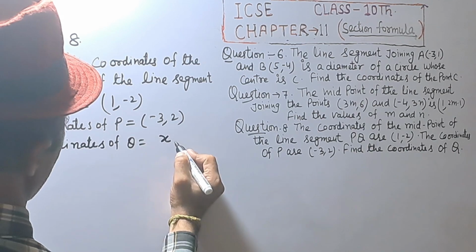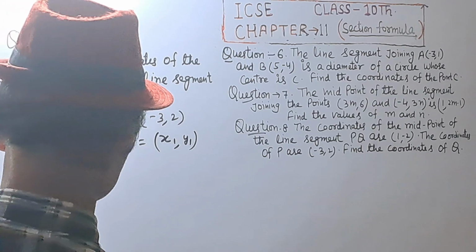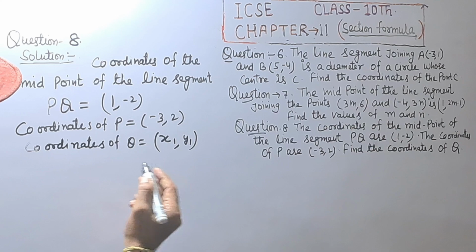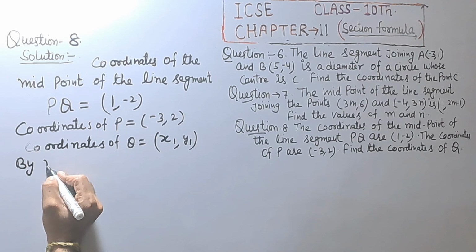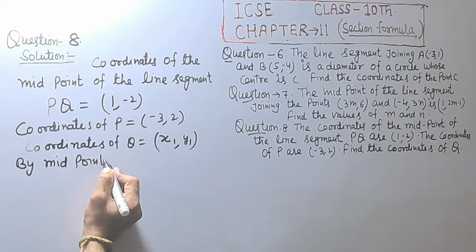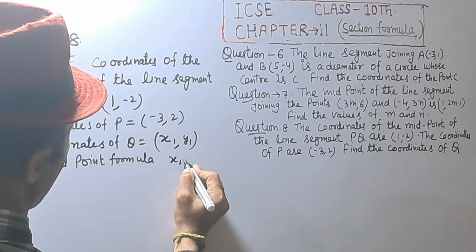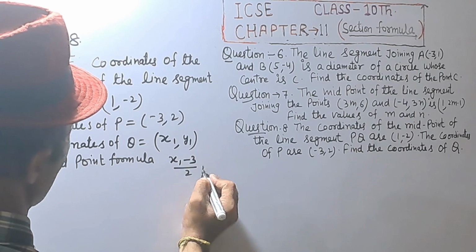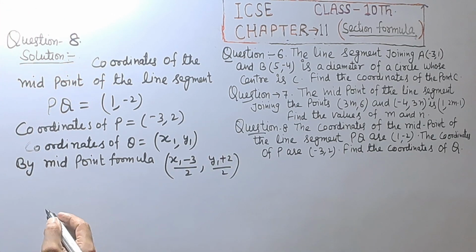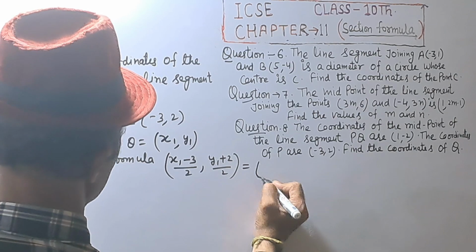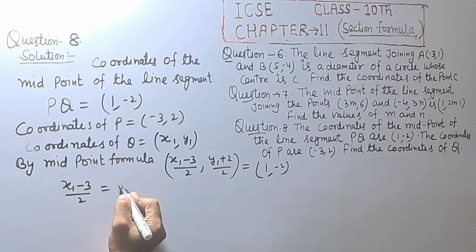Coordinates of Q, (x1, y1). By midpoint formula, (x1 - 3)/2, (y1 + 2)/2, that is equal to (1, -2). (x1 - 3)/2 is equal to 1.